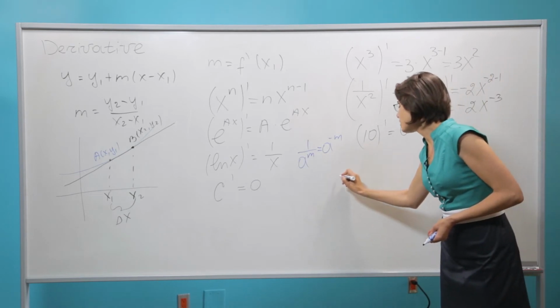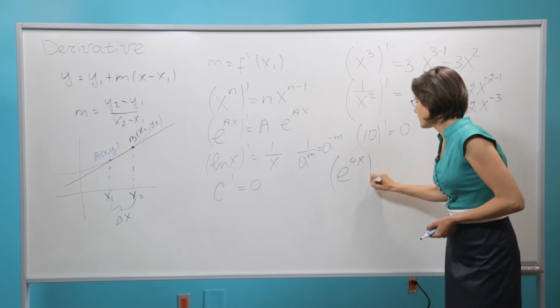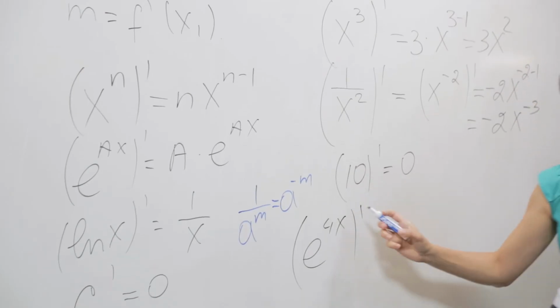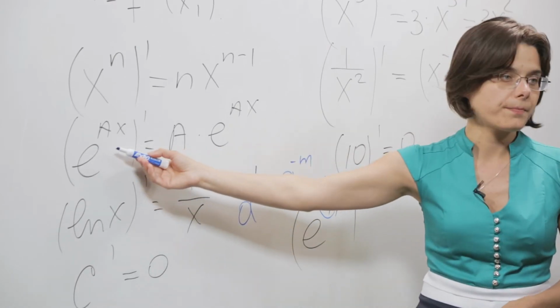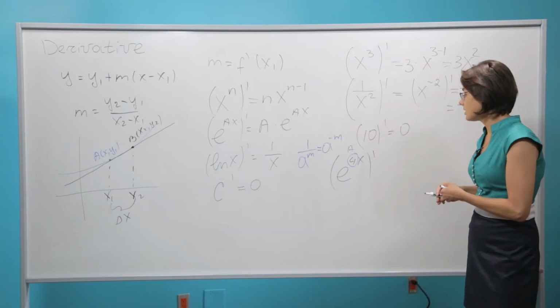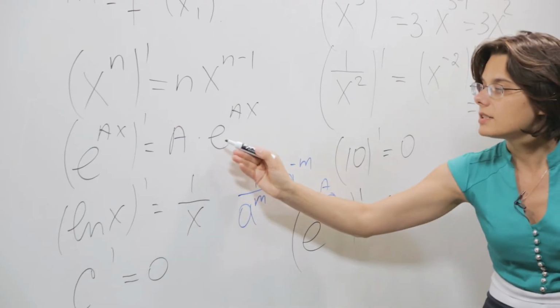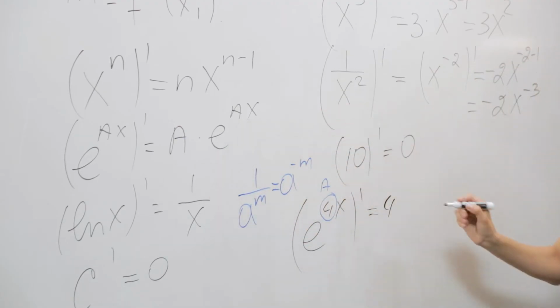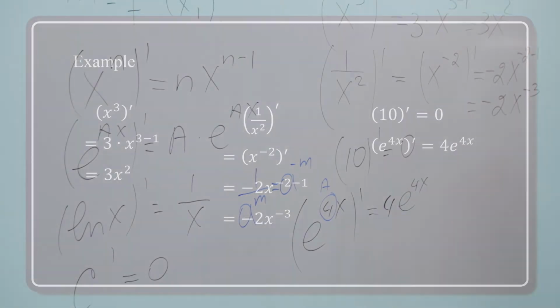If I want to differentiate the function e to the power of 4x, in this case, 4 is just a constant a, like in the formula. Now, if we plug it into our formula, it will be a times e to the power of ax, so 4 times e to the power of 4x.